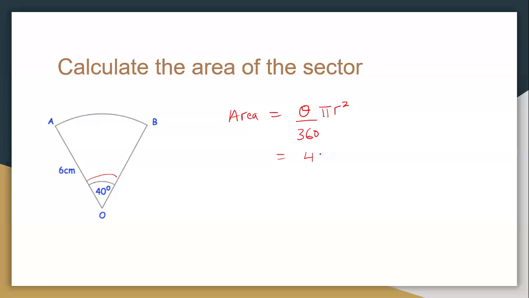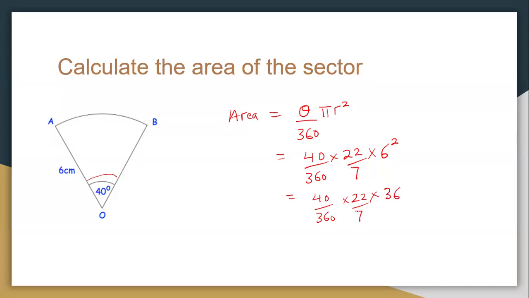So I say 40 out of 360 times pi, which is 22 out of 7, times the radius, which is 6 squared. So this will give you 40 out of 360 times 22 out of 7 times 6 squared, which is 36.